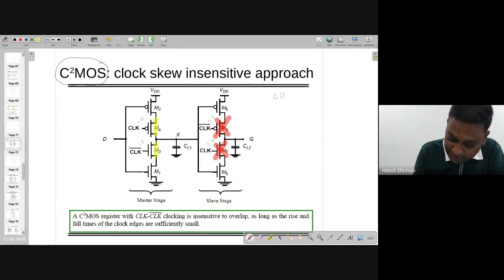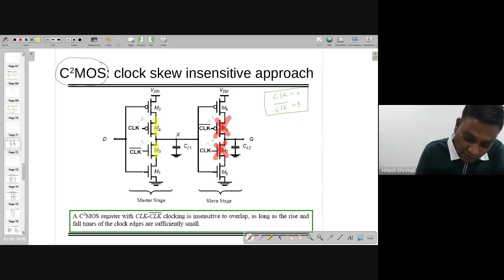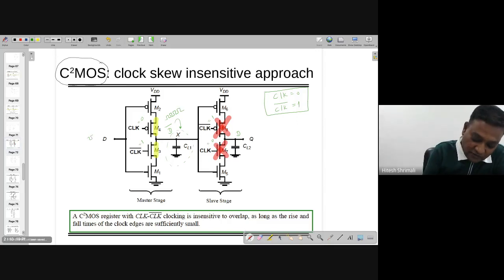When clock equal to 0 and clock bar equal to 1, whatever D you feed, the output is D bar, and it's going to be taken on the capacitor, and the inversion of that is going to be available at Q. So when clock equal to 0, this X equals D bar, and it's going to move with respect to whatever input you are giving. Whatever the input is, the complementary function of that is going to be here. Note that this channel is created because of clock equal to 0 and clock bar equal to 1.